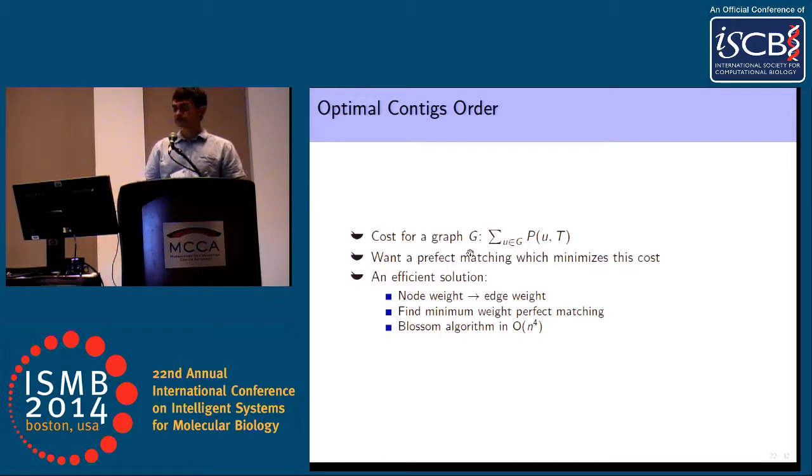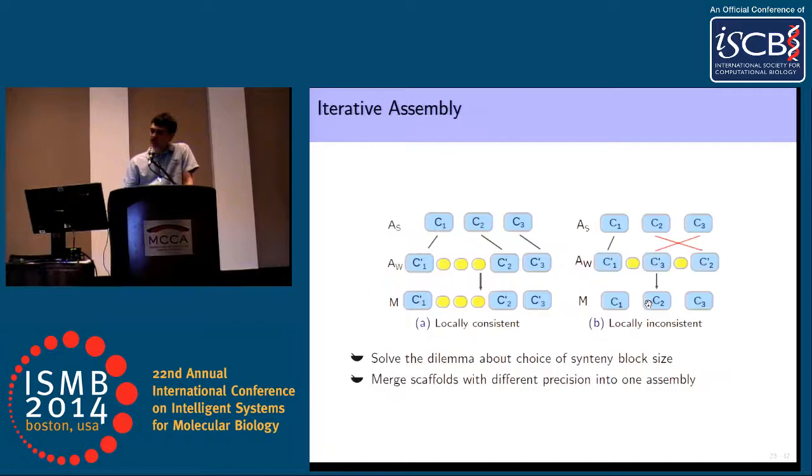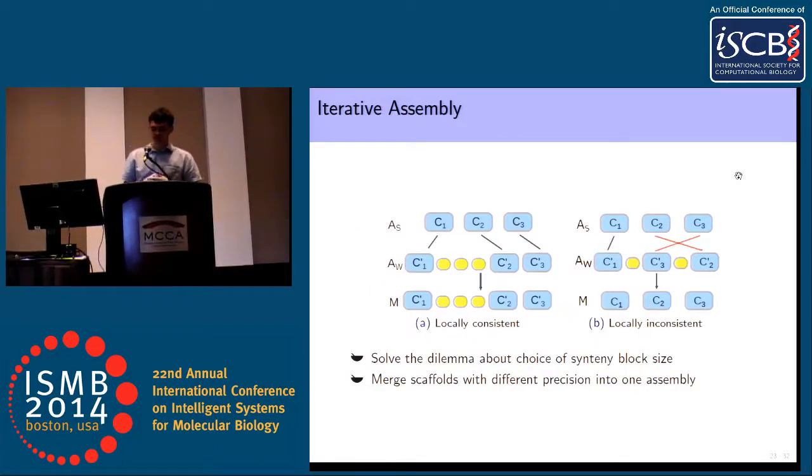Well, this is great, but actually we still have some problems to address. One of them is the choice of Synteny block size, because big Synteny blocks are more reliable, they are easier to detect, but some contigs are too short to contain such blocks. To overcome this, we propose an Iterative Assembly procedure.